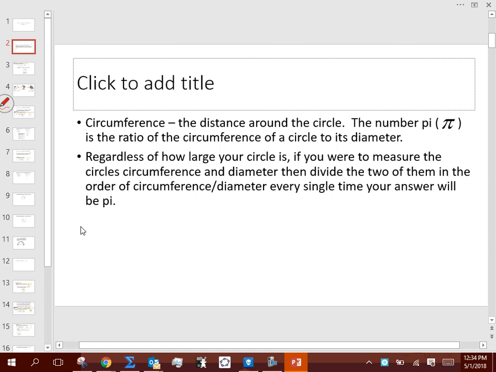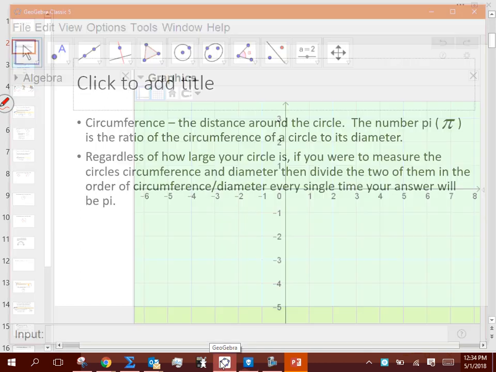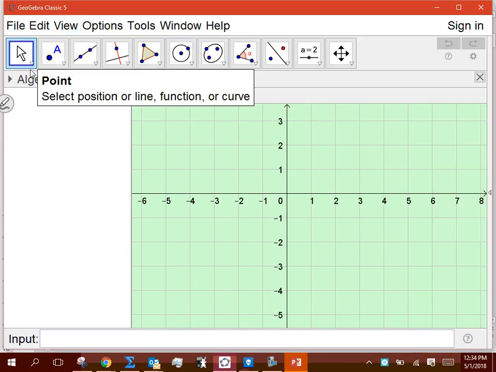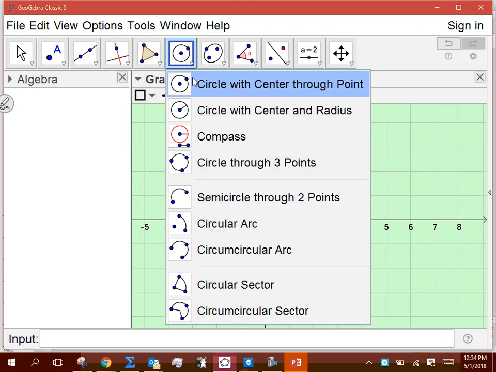So I'll show you that real quick with a demonstration here in GeoGebra. It doesn't matter where my circle is or how big it is.